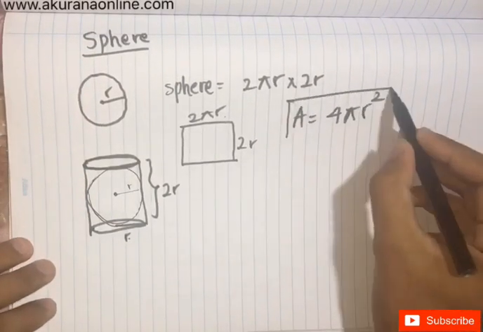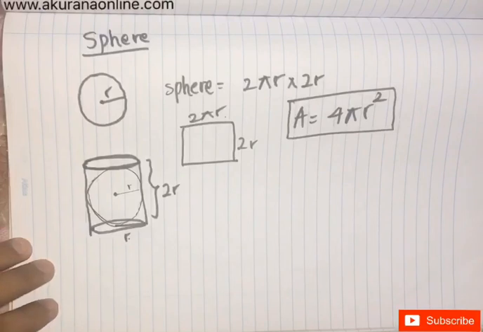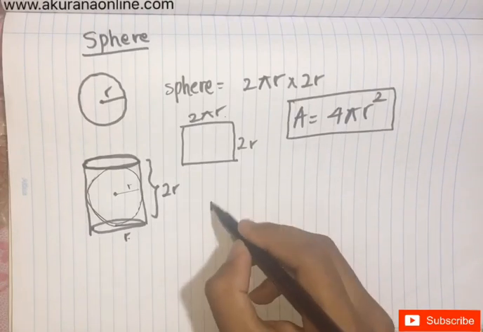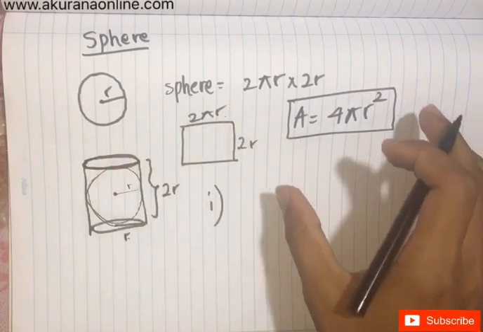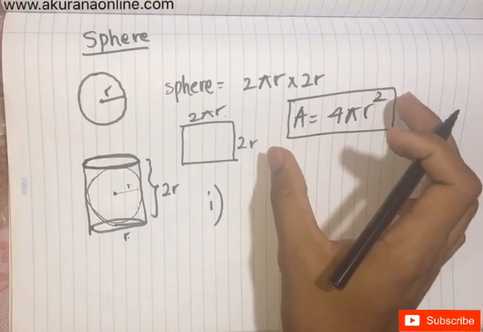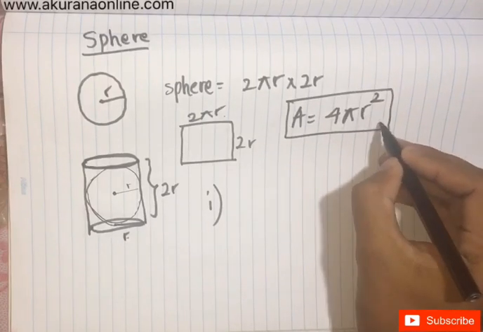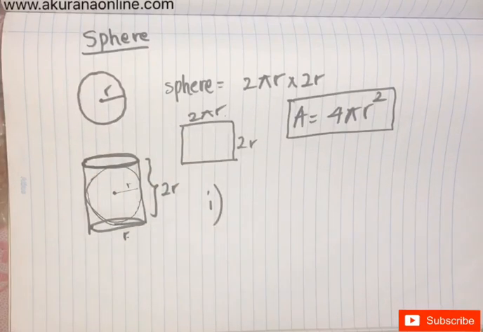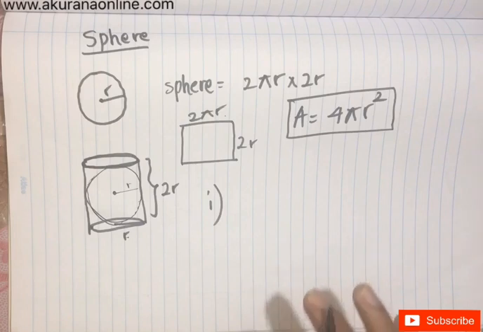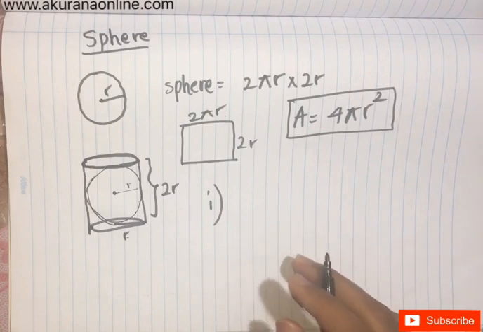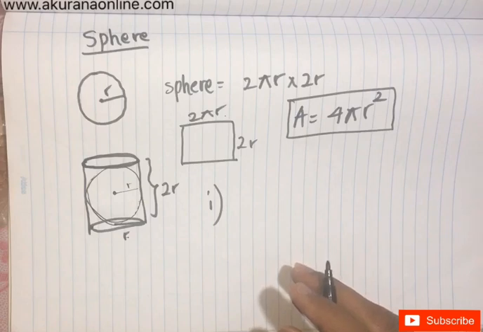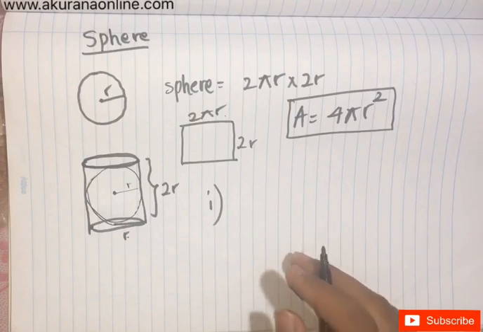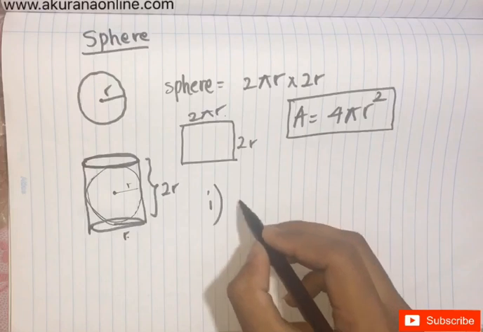Now using this, let us do one small example. What do you normally need? You need only the radius. If you have the radius of a sphere, you can find the total surface area. Let us take the total surface area of a hemisphere.